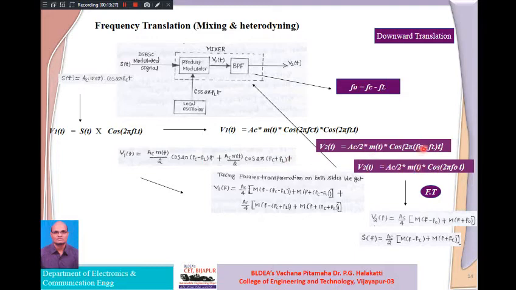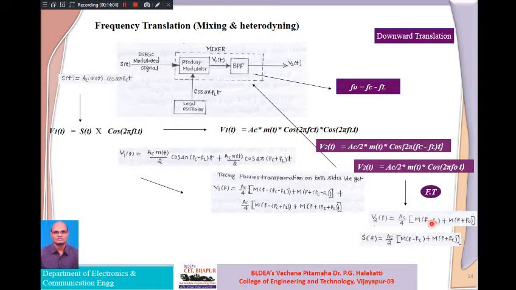Now I will replace fc minus fl by f naught here, a substitution. If you take the Fourier transform, again you are getting Ac by 4 m of f minus f naught, not fc here. If you compare this frequency spectrum of the band pass filter output with that of the DSB-SC signal we initially applied as input, it is very clear that the two sidebands which were initially located around fc are now shifted downward around fc minus fl, that is f naught.